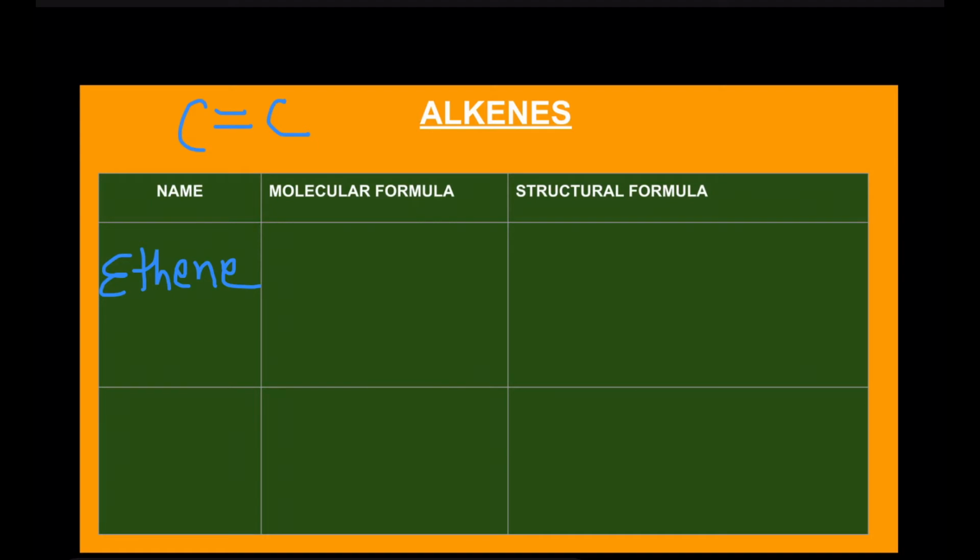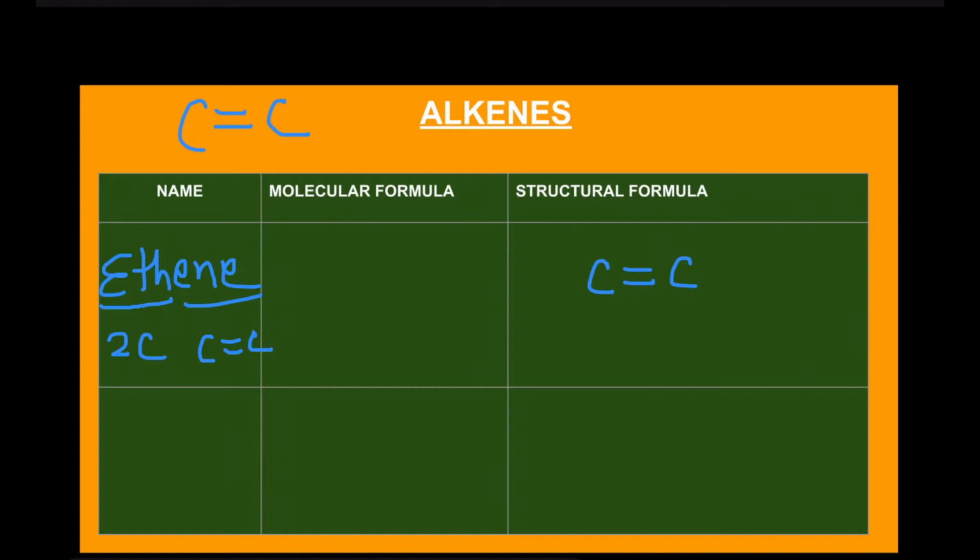Right? Now let's write the structural formula. C double bond C. It is the first homologue, eth means it should have 2 carbons in it. Ene is the suffix which tells us that there is a double bond between carbon atoms.